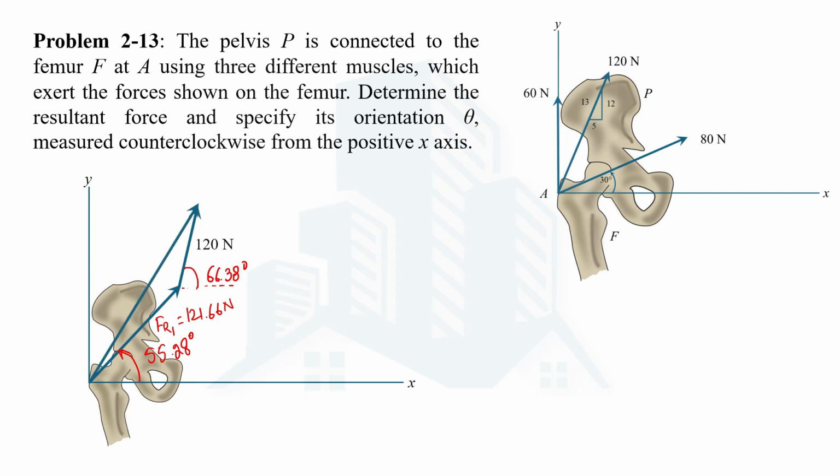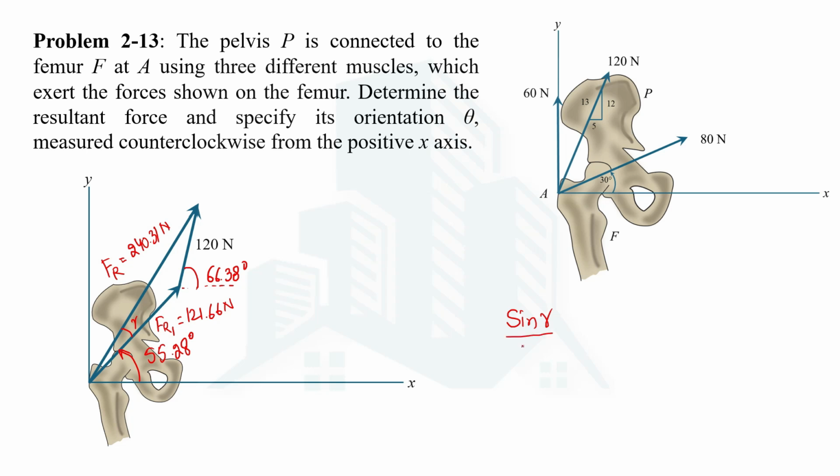The closing side would be the resultant, which we just calculated as 240.31 Newton. If we are interested in determining its orientation, meaning this interior angle first, and then we will add 55.28 in order to have the orientation with respect to the positive x-axis. So this angle is of our interest. Let's say this angle is gamma.